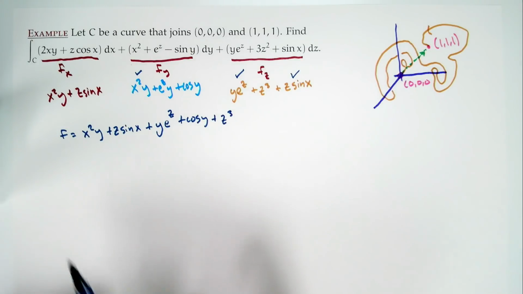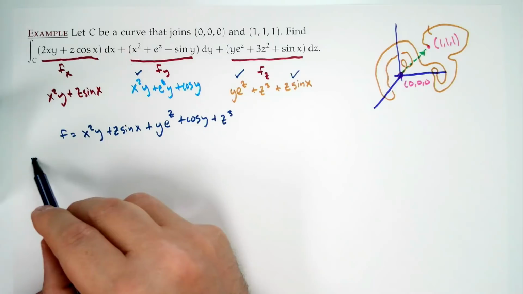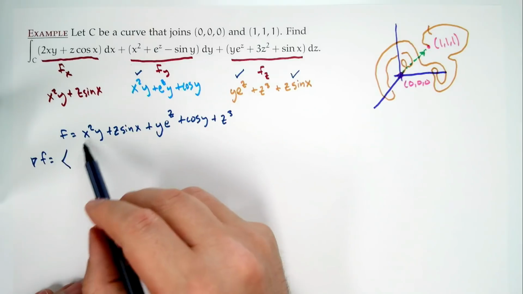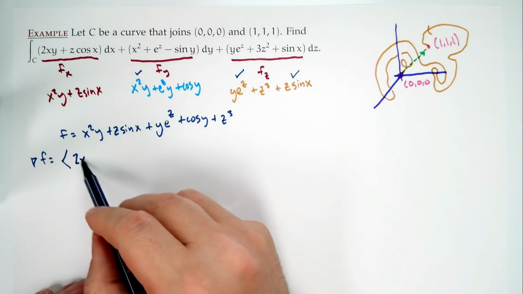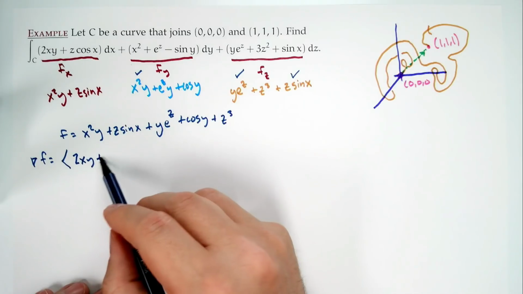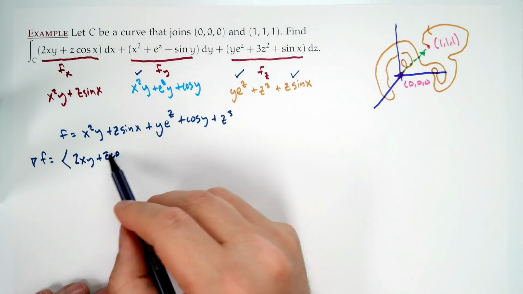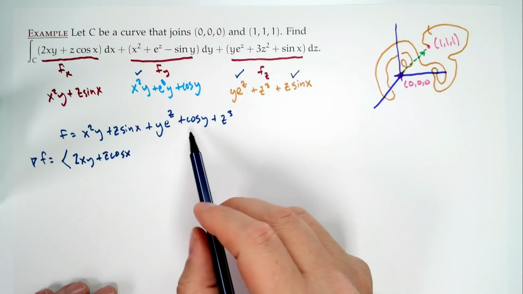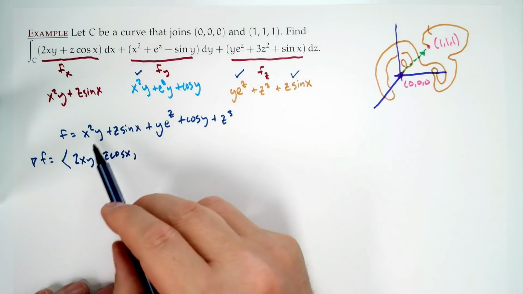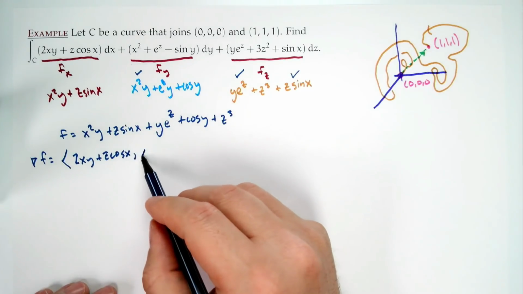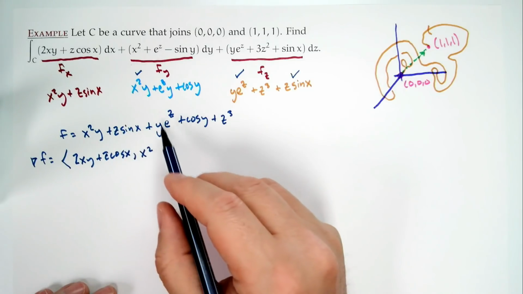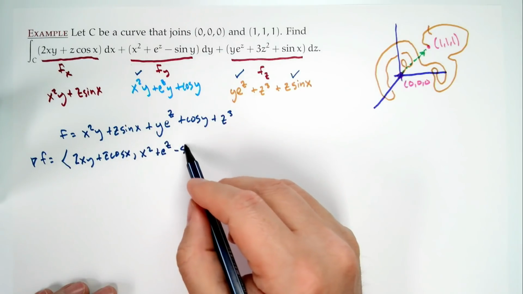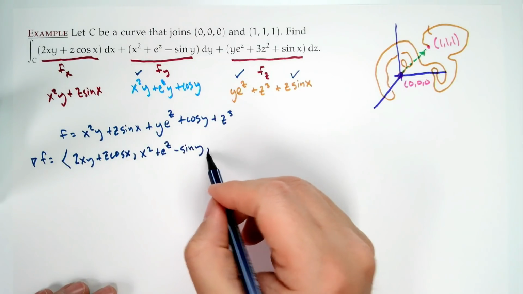So what do we mean by we check? We take the gradient of this just to verify. So the gradient is, with respect to x, 2xy, z cosine x, and 0, 0, 0, comma, with respect to y: x squared, 0, e to the z, minus sine y, and 0, comma.